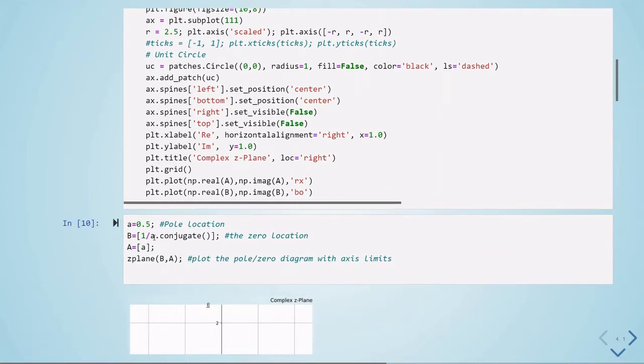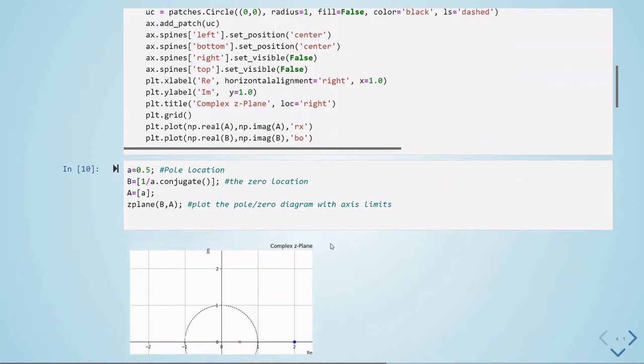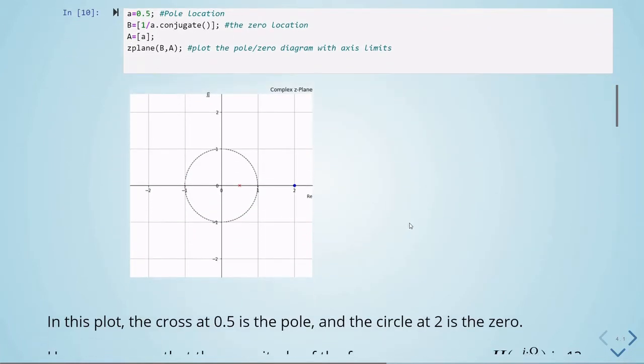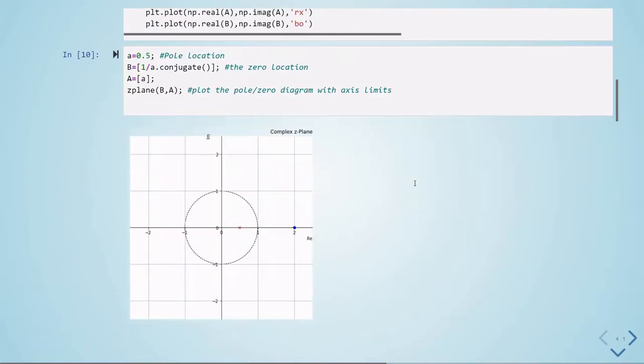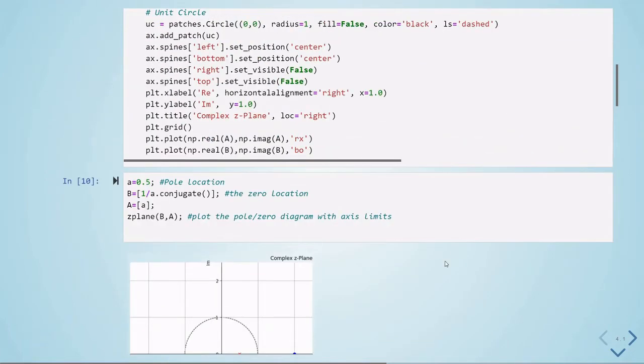So we have a is equal to a and b is equal to 1 divided by a conjugate. A is equal to 0.5, and then when we plot, we see here a pole at 0.5 and a 0 at 2. So we have a pole at 0.5 and a 0 at 1 divided by 0.5. That's 2, and this is what we have here.